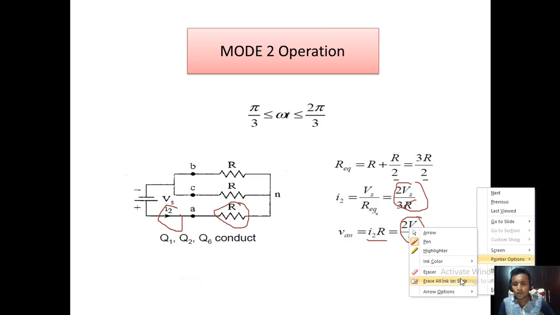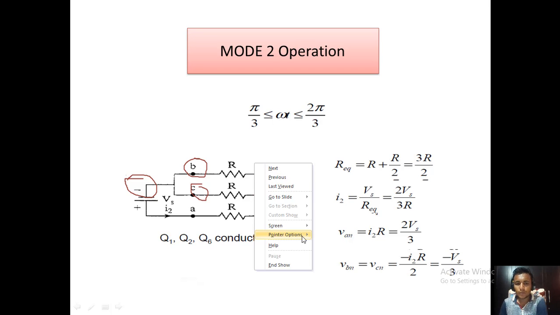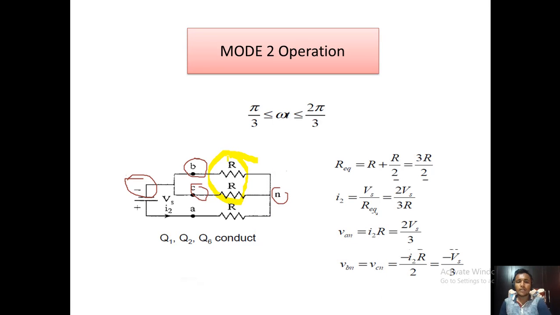Now here the phase voltage VBN and phase voltage VCN are the same, but they are connected to the negative terminal. So here we can write VBN is equal to VCN is equal to negative I2 into the resistance of this combination, that is R by 2.